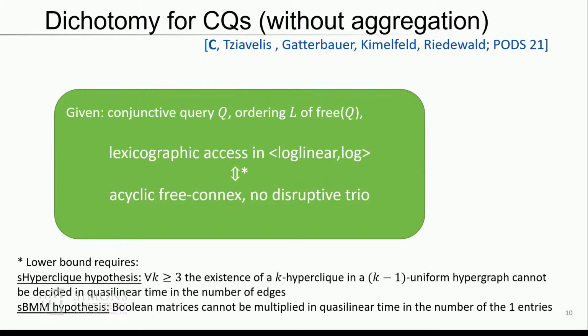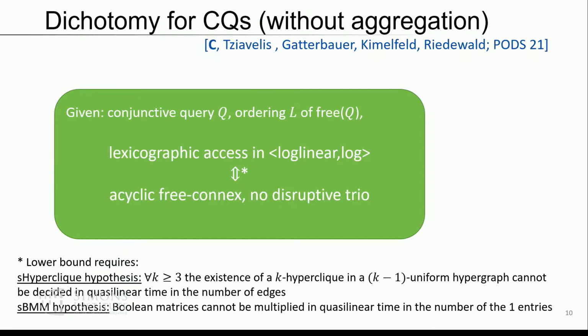When we have a conjunctive query without aggregates, and we have a specific lexicographic order we want to achieve, so we have an ordering of the free variables of the query, we can do that efficiently exactly in the cases where, first of all, the query has to be acyclic, the same definition of acyclic that Nikos was mentioning. So this is what we need even just to enumerate the answers of join queries.